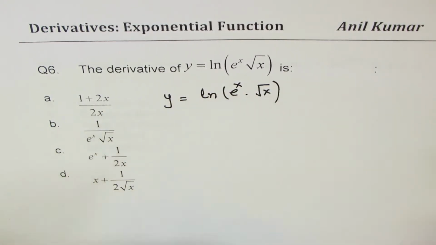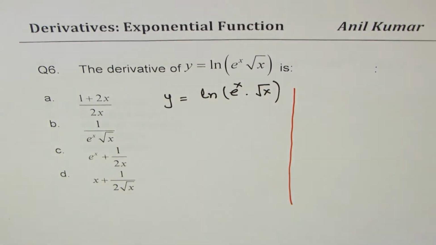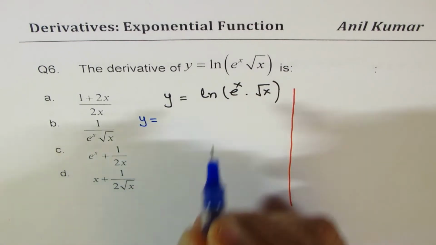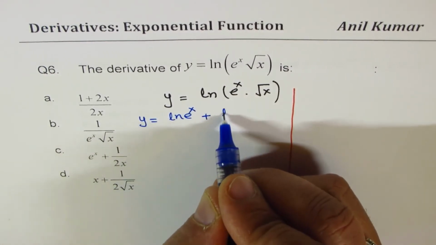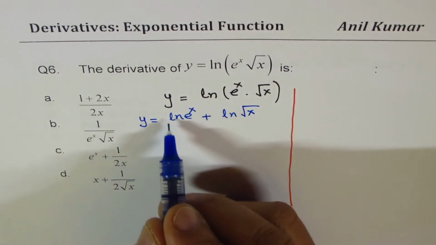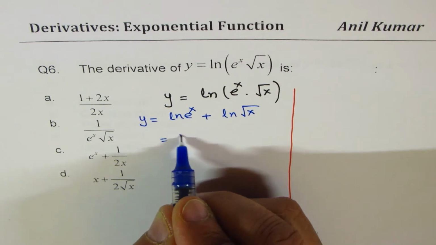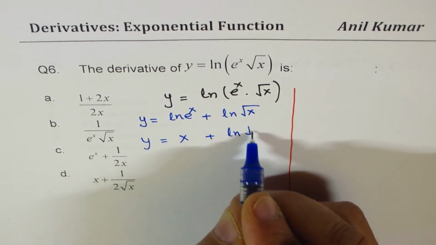Now you could actually apply the logarithmic rules and then do it. So I'll use 2 different methods to solve this question. I could write this as y equals ln e to the power of x plus ln square root of x. Does that make sense to you, right? Now ln e to the power of x basically is just x. And here we do have ln square root of x.